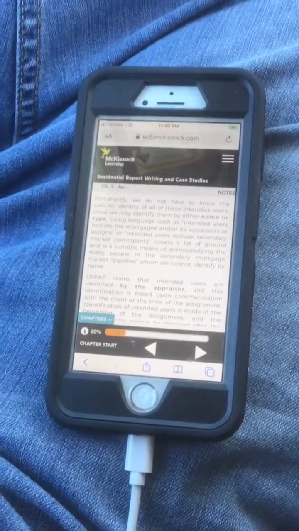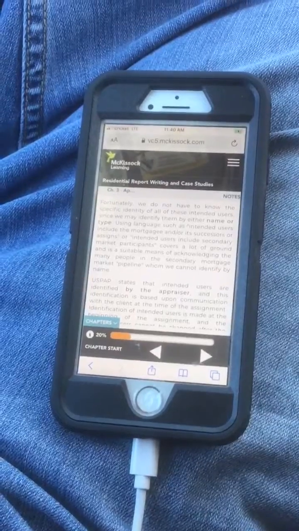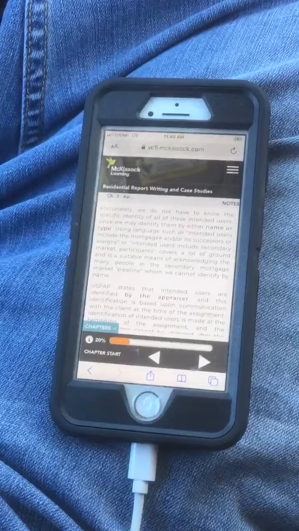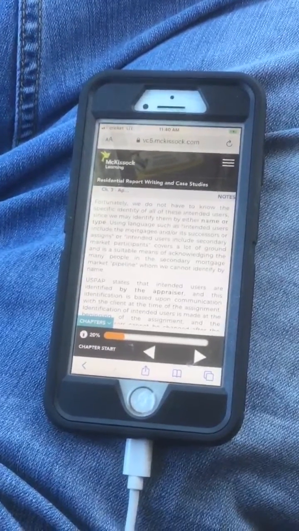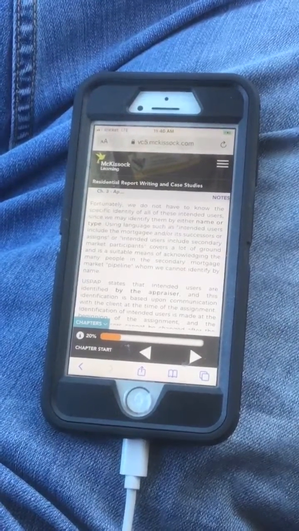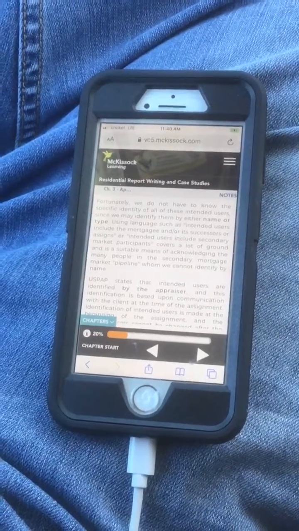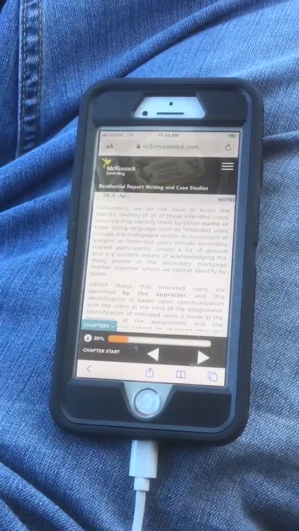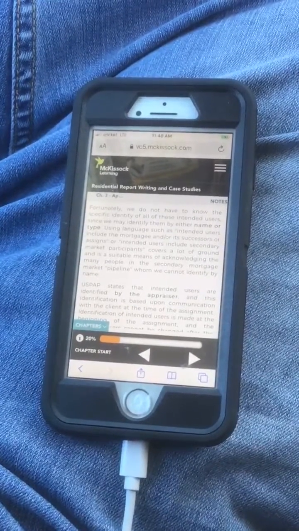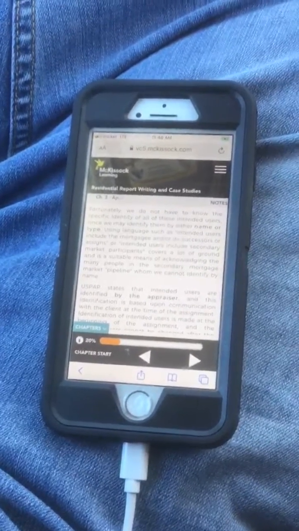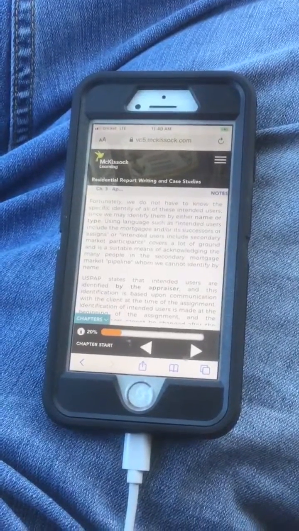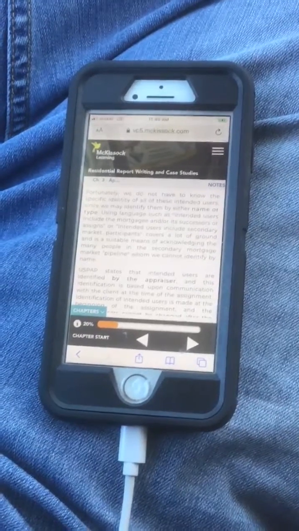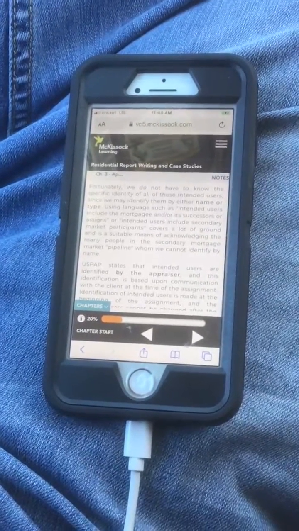Fortunately, we do not have to know the specific identity of all of these intended users, since we may identify them by either name or type. Using language such as intended users include the mortgagee and/or its successors or assigns, or intended users include secondary market participants covers a lot of ground and is a suitable means of acknowledging many people in the secondary mortgage market pipeline who we cannot identify by name.